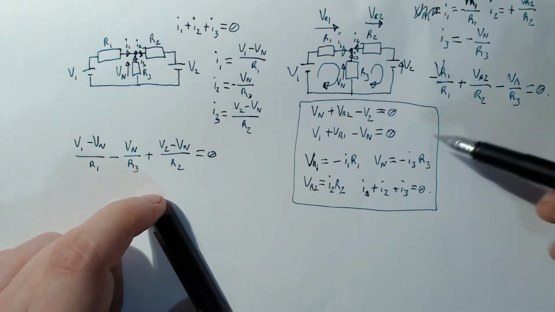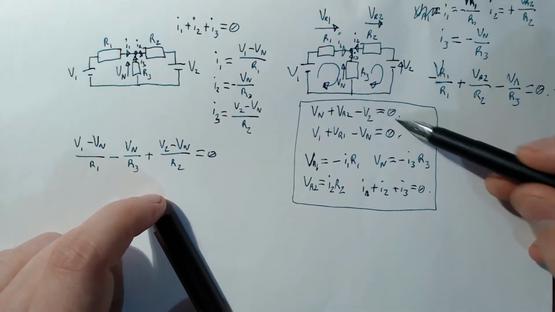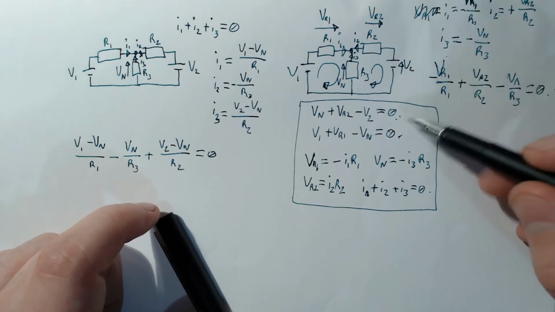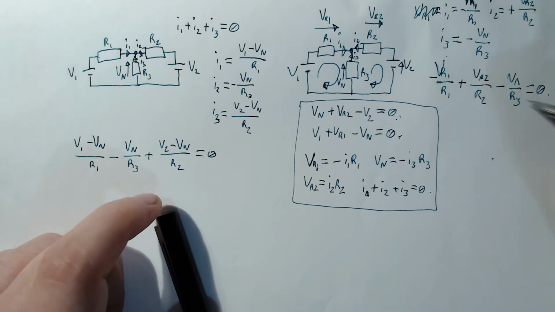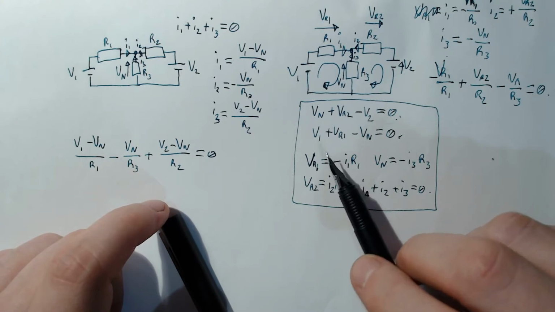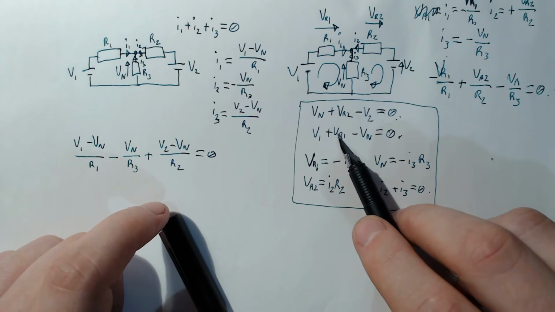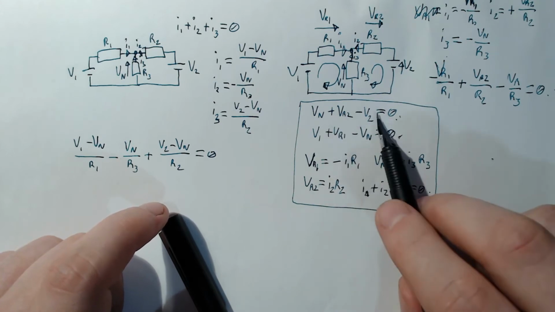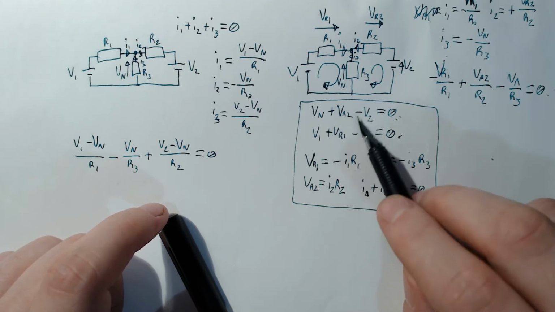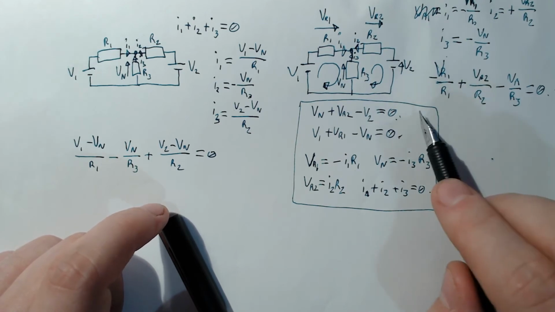So now we have these two equations and this equation, and between them we can solve for Vn, because this isn't known, this isn't known, this isn't known, these two are known. So we've got three unknowns here: Vn, VR1, VR2, and we've got three equations which we can solve simultaneously.